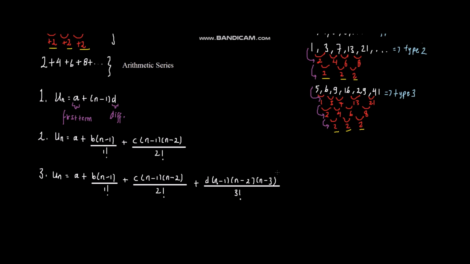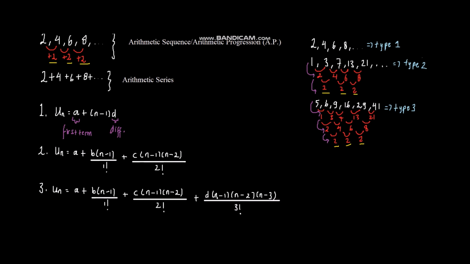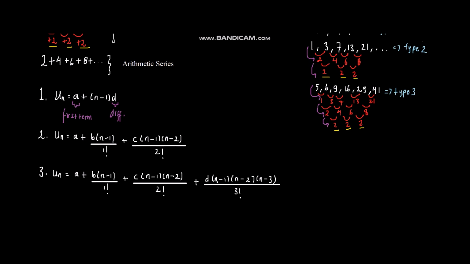But because this is n times n times n, this is a cubic equation, right? So there's a difference. These are like different levels. The first level is just a linear equation, a straight line. Second, this is going to be a quadratic equation. And third, it's going to be a cubic equation.